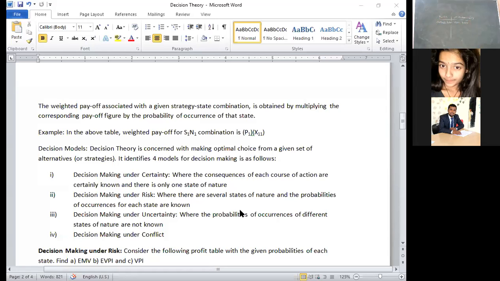These are the events which indicate the occurrences which are not under the decision maker's control. That we already discussed. States of nature examples: state of economy, weather condition. Are you able to predict the weather after 5 minutes? No. Political development, etc. These are states of nature which are not known.